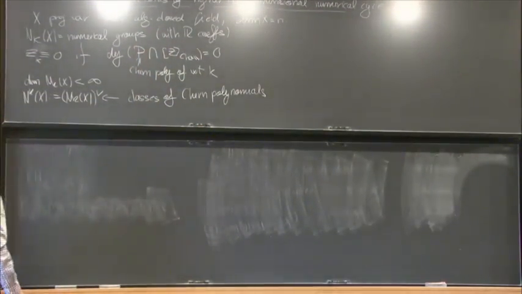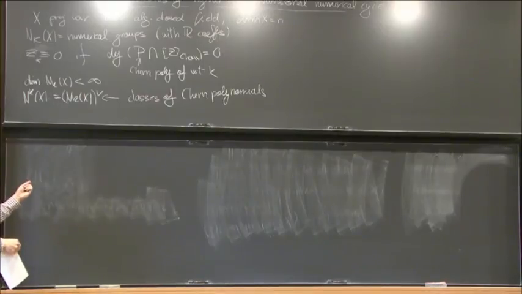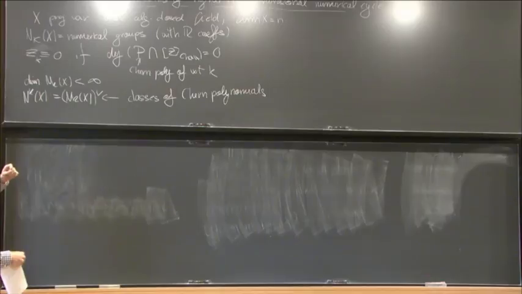OK. So for example, if k is equal to 1, then N upper 1 of X is the numerical group of Cartier divisors, not Weil divisors. And N lower 1 is, you recognize it as the usual numerical group of curves.